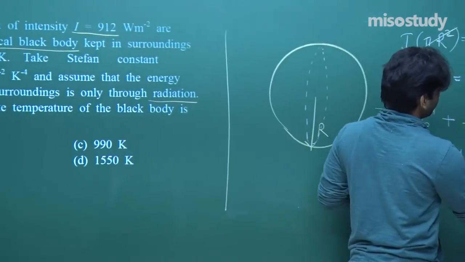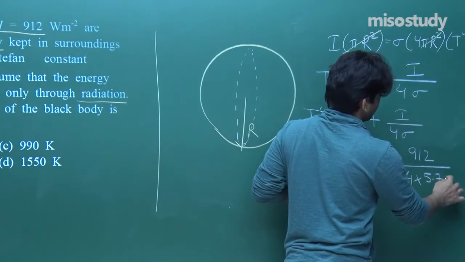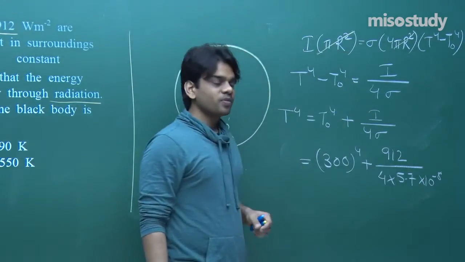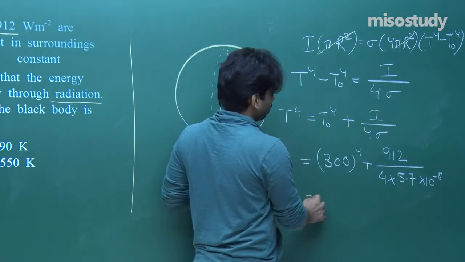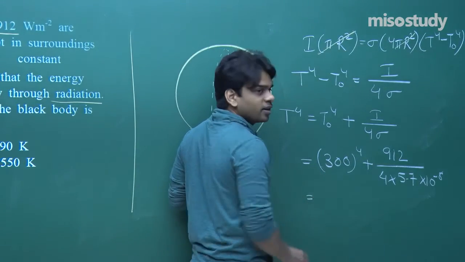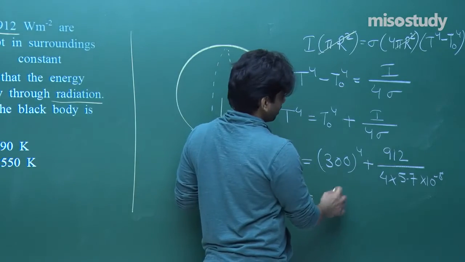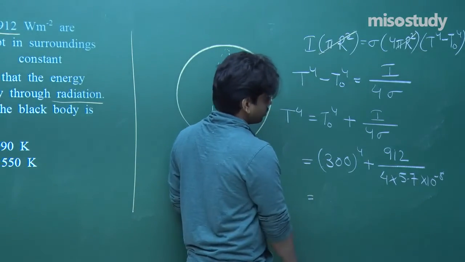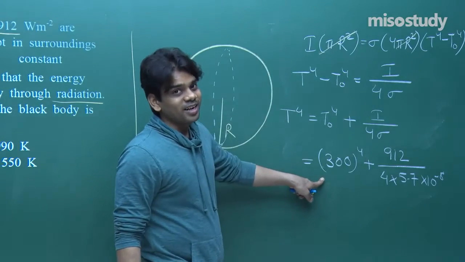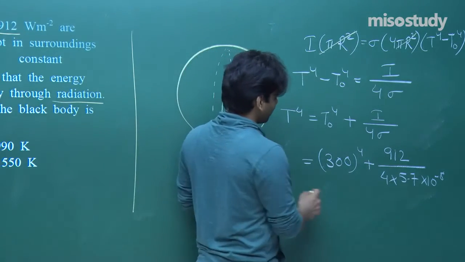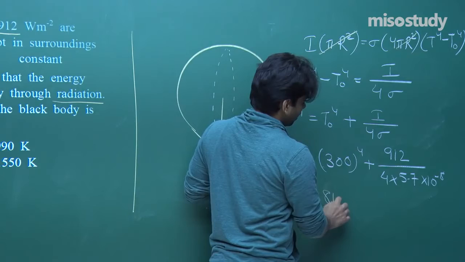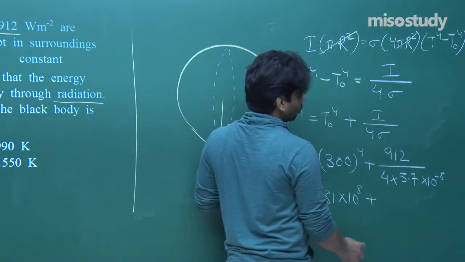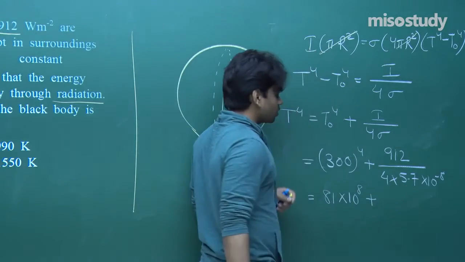Here 3 to the power 4 comes out to be, 3 into 3 is 9, 9 into 3 is 27, 27 into 3 is 81. So 81 into 10 to the power 8 plus 912 divided by this much.